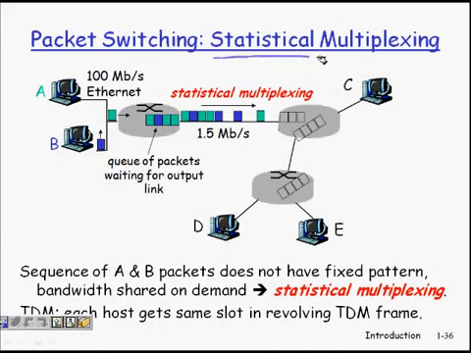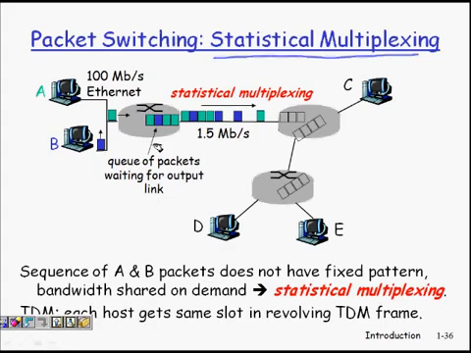So first is statistical multiplexing. A and B have data to send. Link capacity is 1.5 megabits per second. There is a queue here, and they will be sending their packets, and they will be statistically multiplexed, which means that if they have data, they will be enqueued here and sent.